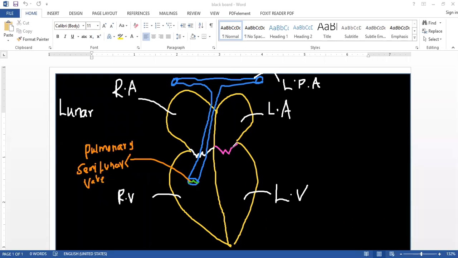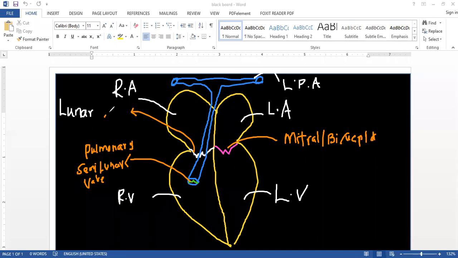And this is the mitral valve or bicuspid valve, and this is the tricuspid valve.